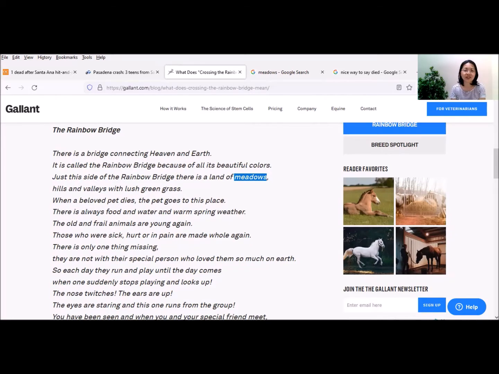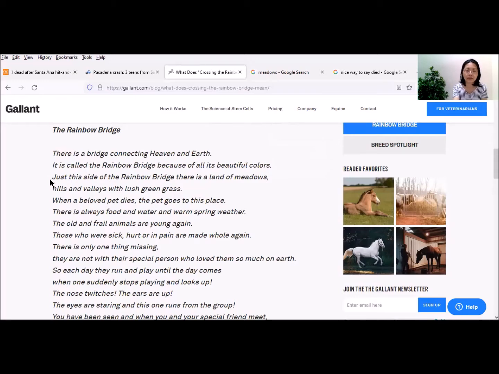So I wanted to share this poem with you, The Rainbow Bridge, which talks about exactly the meaning of this expression, cross the rainbow bridge. So you can follow along with me here. There's a bridge connecting heaven and earth. It's called the Rainbow Bridge because of all its beautiful colors.